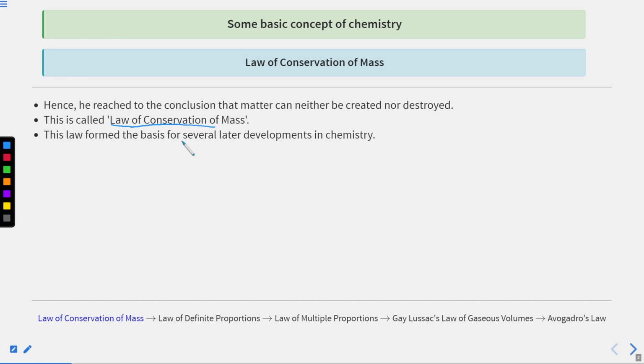So for that, we have a combined law, talking about how mass converts to energy and how energy converts to mass. That's a different talk, we will talk about it later. But for now, the law of conservation of mass says that during a chemical reaction, we will see physical and chemical changes, but the overall mass will remain the same. Clear? We can say it in a different way also: matter can neither be created nor destroyed.